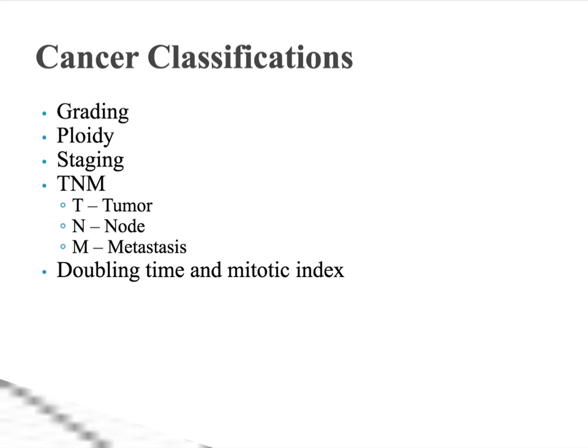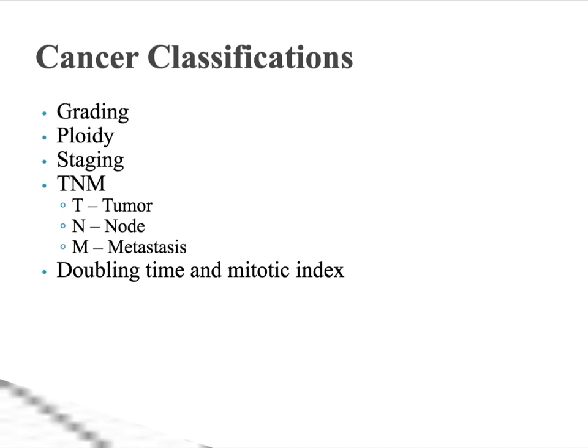A grade 1 means the tumor cells are differentiated and closely resemble a normal cell from where they started. It's a low grade of malignant change, as opposed to grade 4, which means the tumor cells retain no normal cell characteristics. Determining the tissue of origin is difficult because these cancerous cells are so abnormal. So grade 1 is a little easier to detect and treat, and grade 4 is a little trickier.